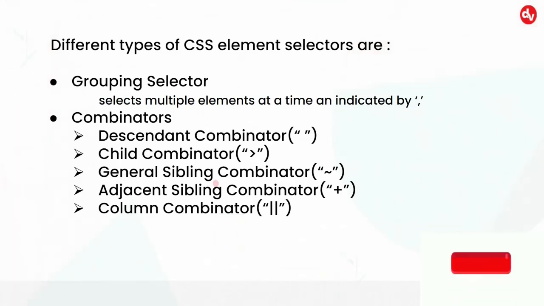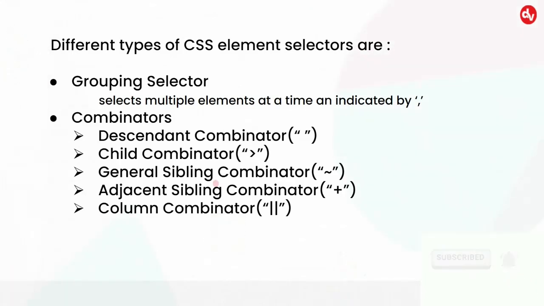If you understand what I mean, first we select the selection criteria for the first element, and after matching the first element with the criteria, then we check the second element. And if there are some elements that match the second element criteria also, then we call it a column combinator. It is mainly used in tables.